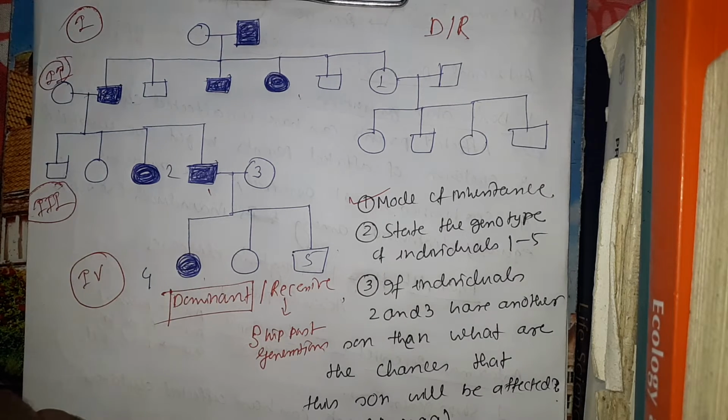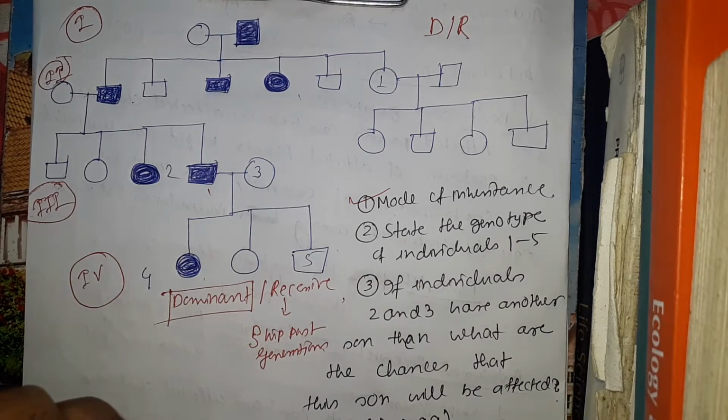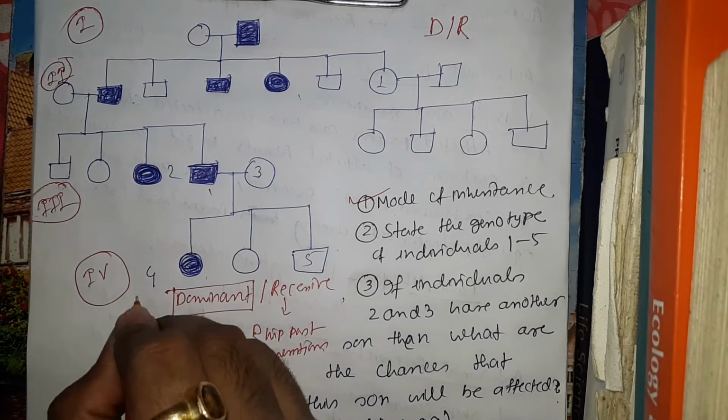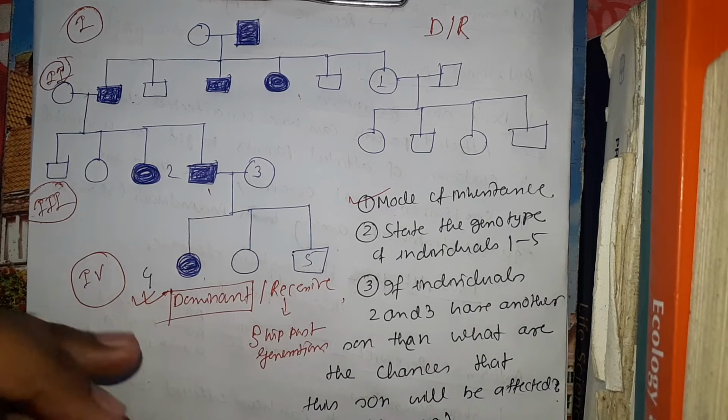So first of all, you need to focus on whether it is dominant or recessive, and you can distinguish simply by looking for skipped generations. If the trait is showing skipped generations, then you can easily conclude that the trait is recessive type. But if it is not showing skipped generations, then you can easily conclude that it is dominant type. So here we can conclude that, no matter whether it is autosomal or X-linked, the first thing is that it is dominant.